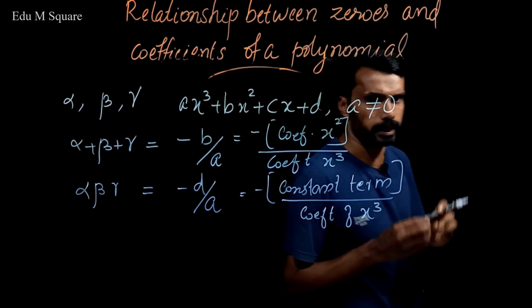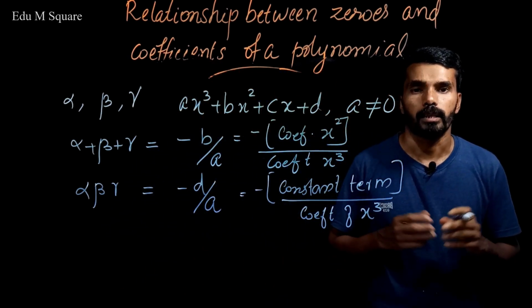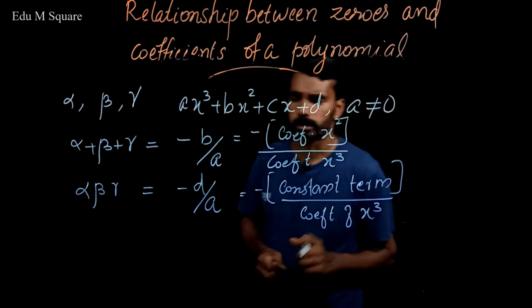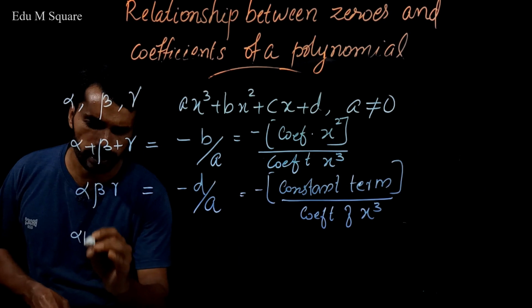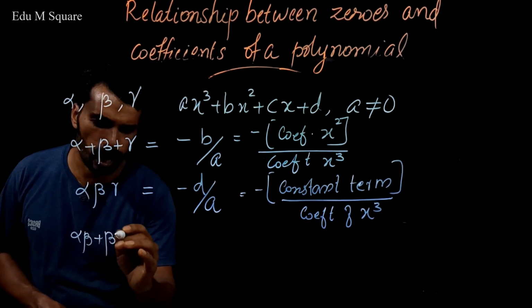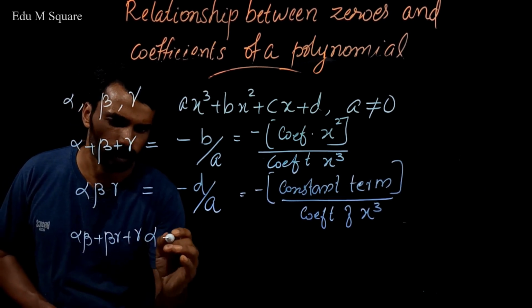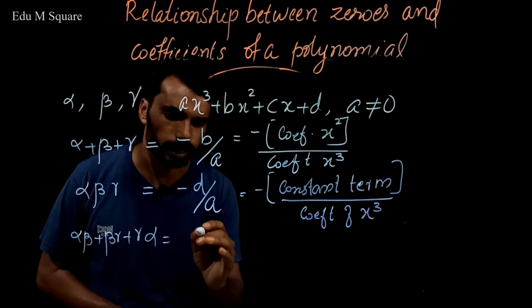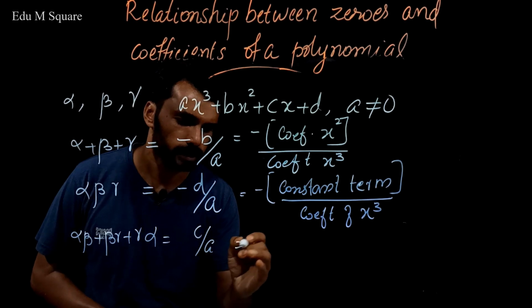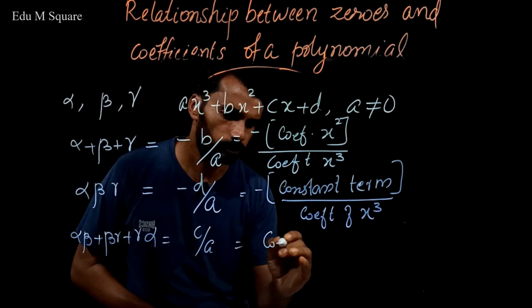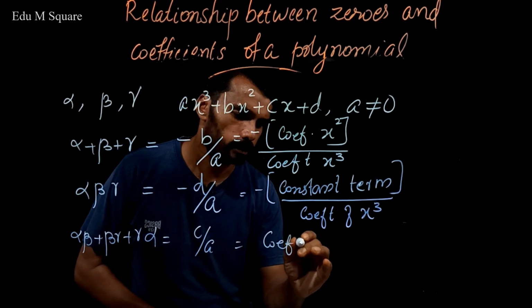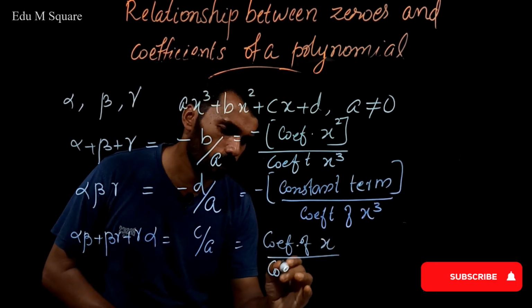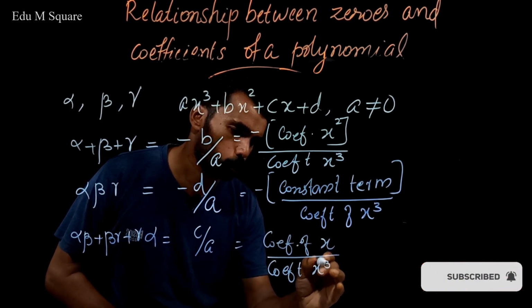Now alpha beta plus beta gamma plus gamma alpha is equal to c by a, that is the coefficient of x divided by the coefficient of x cube.